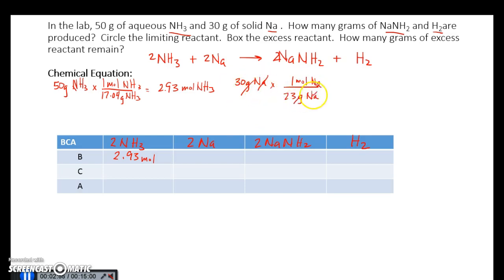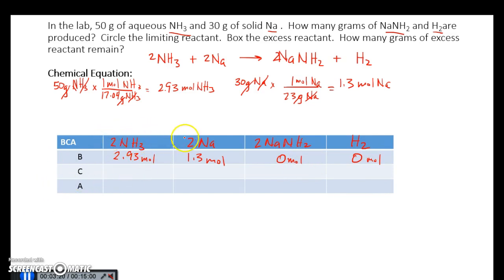These cancel out, and I should show you that on this side too. This shows us that we've done it correctly, and this value works out to be 1.3 moles of Na. So that's the value that I have over here. I haven't combined my reactants yet, so I don't have any product, so I place a 0 here.